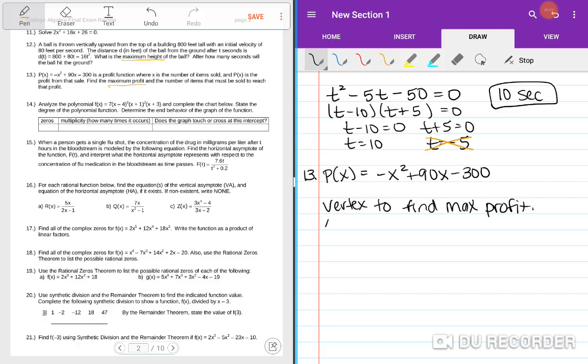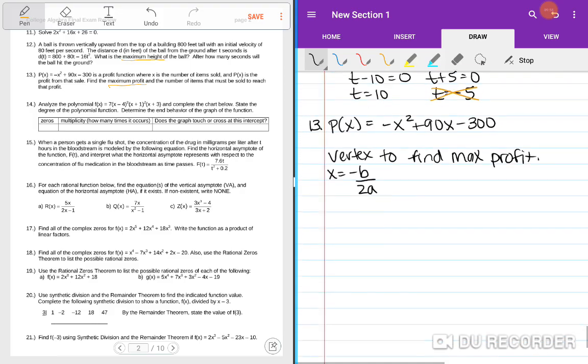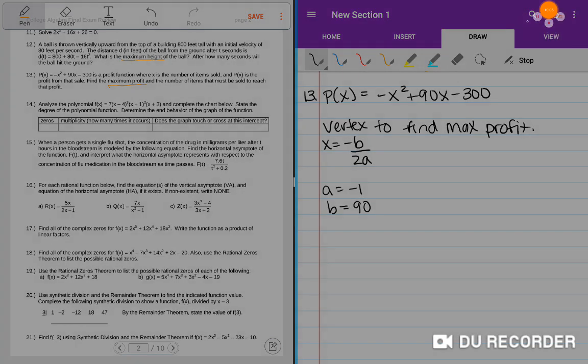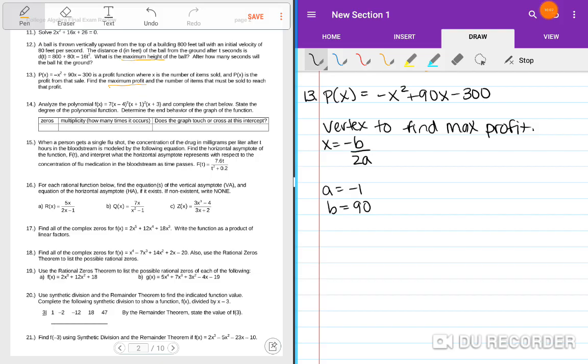This is going to be x equals negative b over 2a. So in our problem, a equals -1, b equals 90. So let's plug them into our formula here. x equals -90 over 2 times -1.